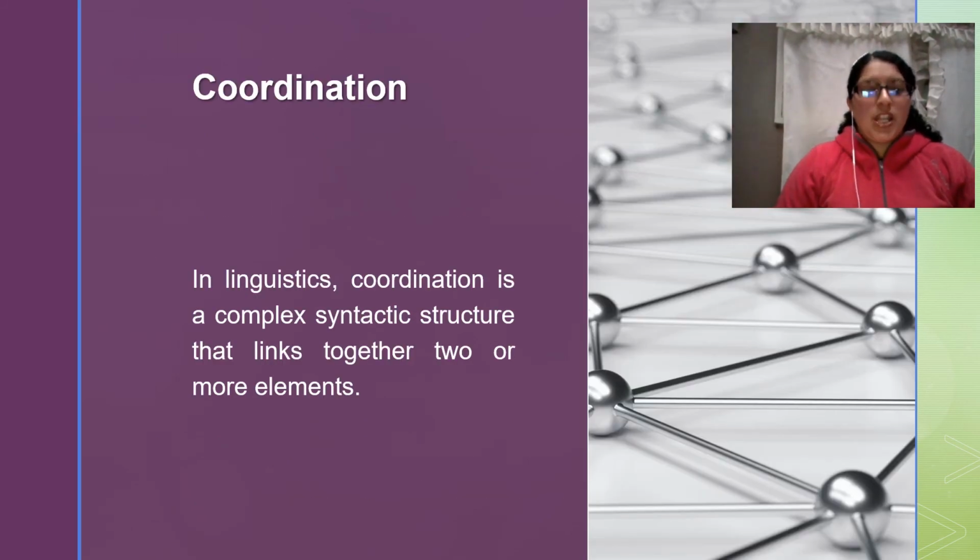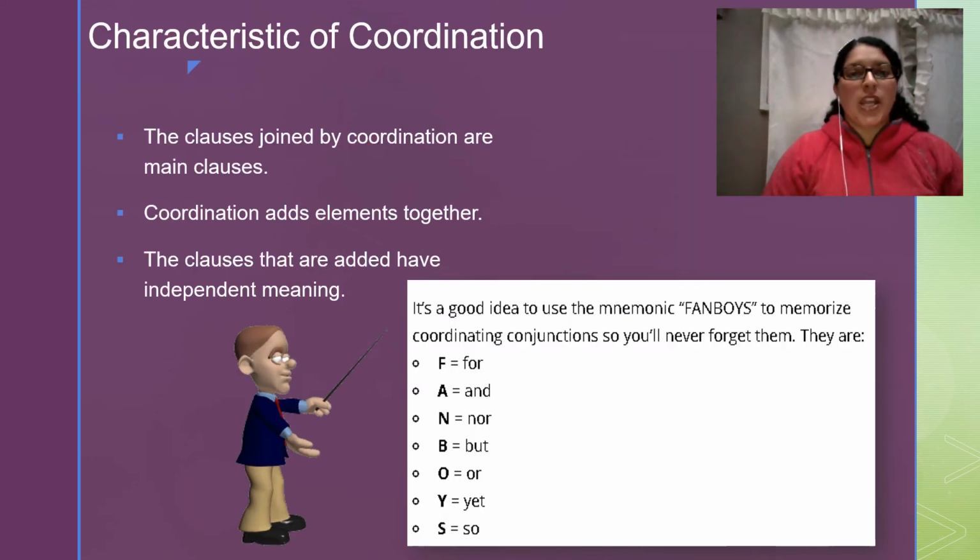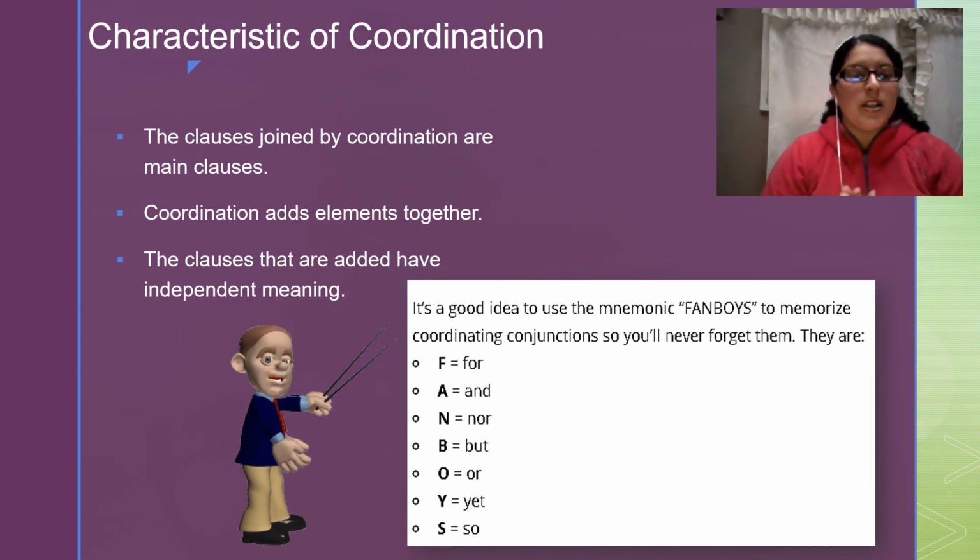Now, coordination is a complex syntactic structure that links together two or more elements. Its characteristic is that the clauses joined by coordination are main clauses, and coordination adds elements together, and the clauses that are added have independent meaning.